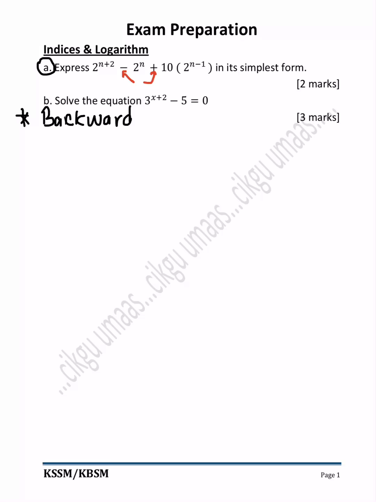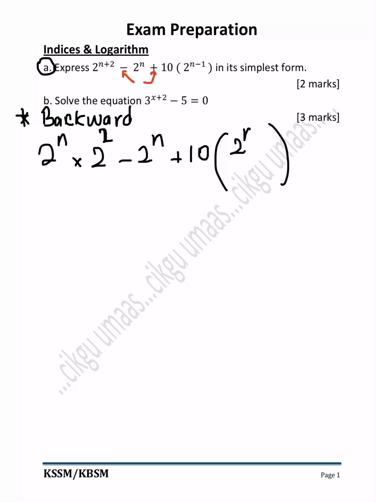A simple explanation: for example, 2 power of n plus 2 is exactly 2 power of n times 2 power of 2, minus 2 power of n plus 10. I see 2 power of n minus 1. So when it's minus, the backward of indices for minus is 2 power of n divided by 2 power of 1. That is step 1.